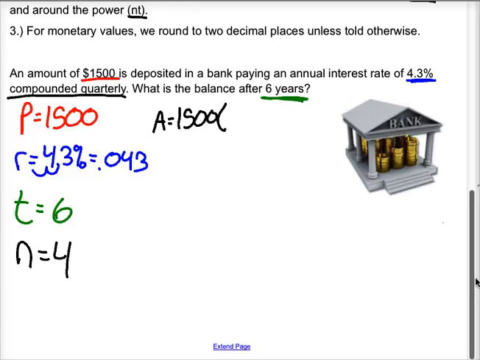1,500, 1 plus 0.043, or being compounded quarterly, and then to the power of 4 times 6. Now, you can type this in all at once if you're careful and you use parentheses.